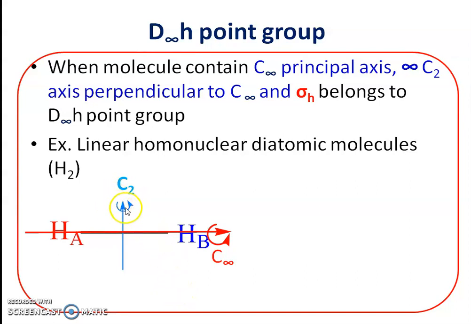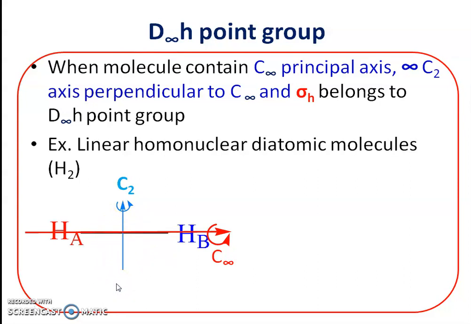Along this C2 axis, when the molecule is rotated through 180 degrees, there will be an exchange between hydrogen A and hydrogen B. After the second rotation, we get an identical structure, that is hydrogen B will take its original position, as well as hydrogen A. So this is one C2 secondary axis.